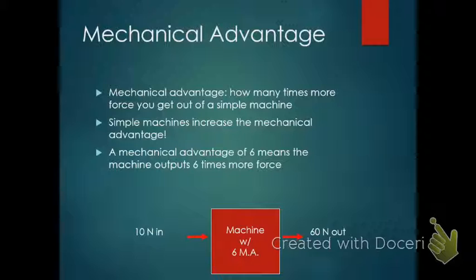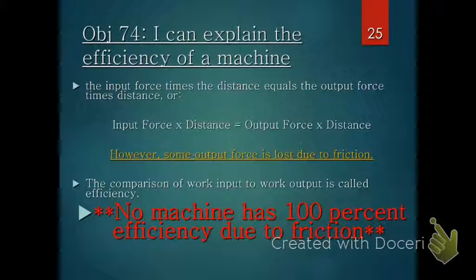And again, simple machines increase our mechanical advantage, all right? So a mechanical advantage of 6 means that the machine is putting out 6 times more force than you were putting in, okay?